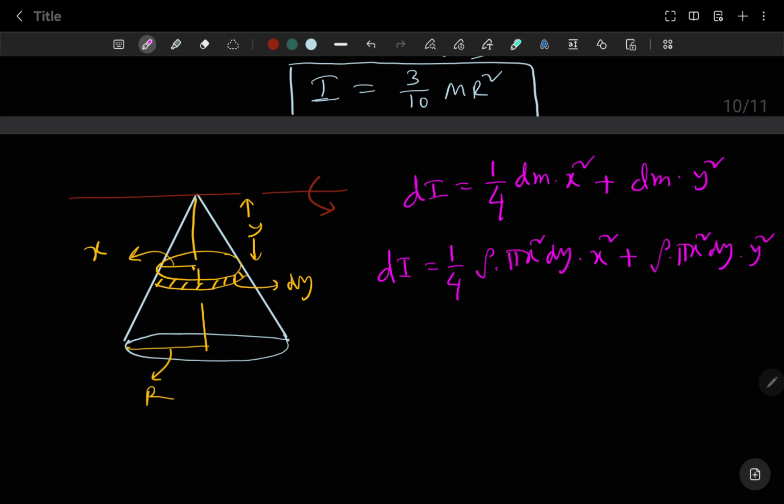Now integral dI will be 1 by 4 pi rho x⁴ dy, and this is pi rho x square y square dy.